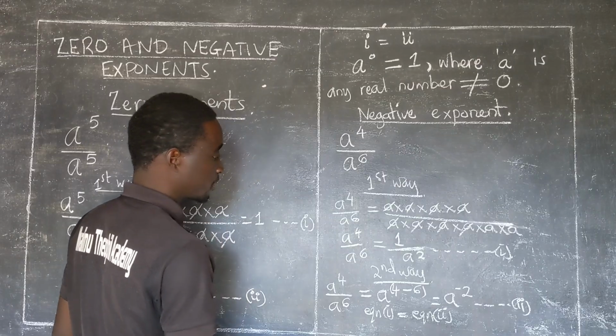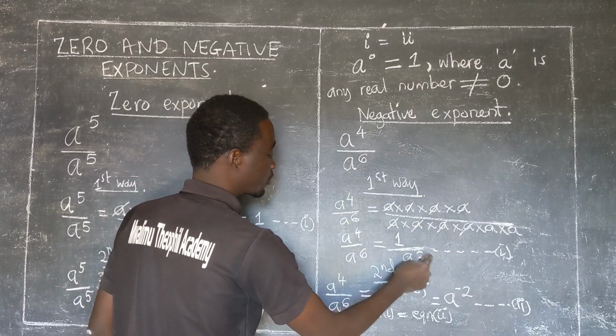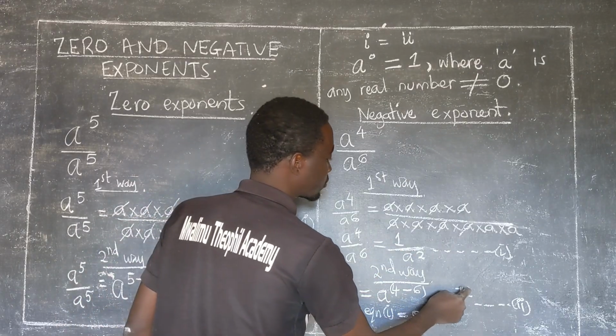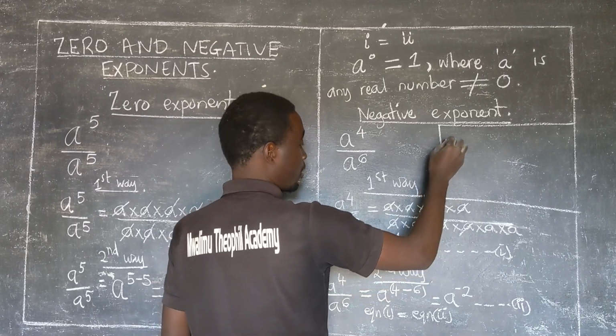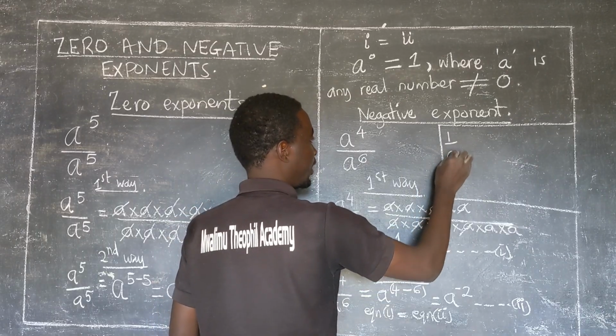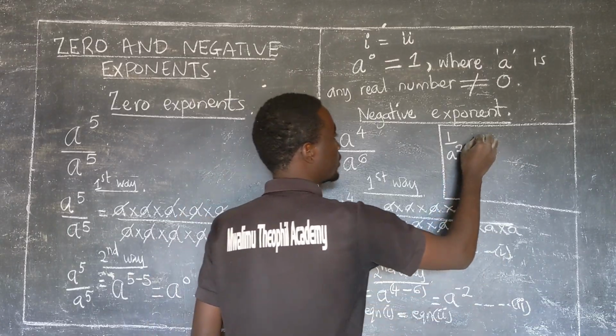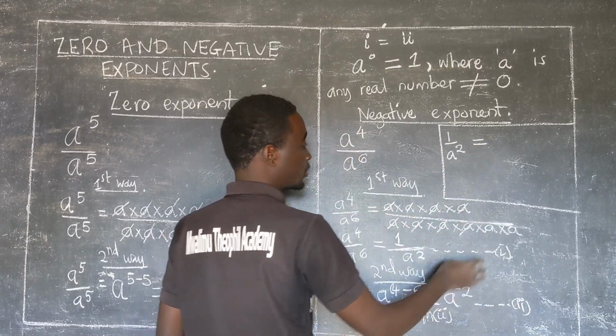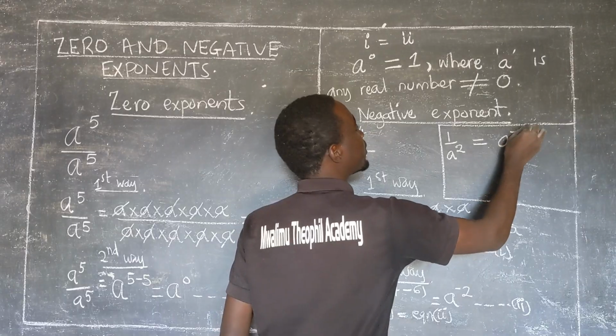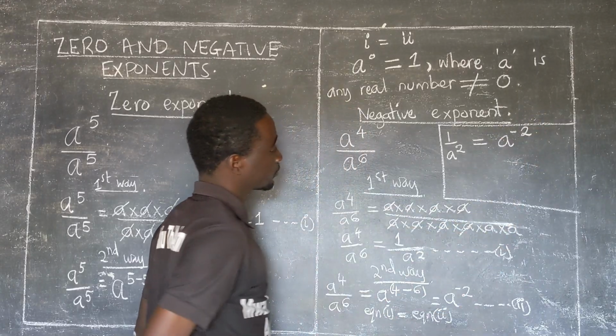When we equate them, it means 1 divided by a raised to 2, which is equation 1, is equal to the value of equation 2, which is a raised to negative 2.